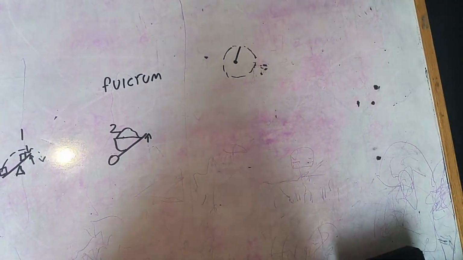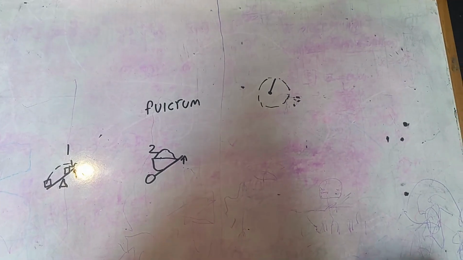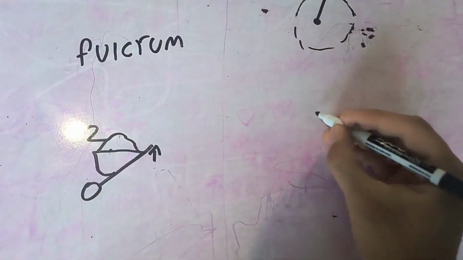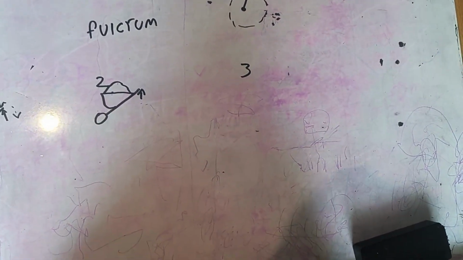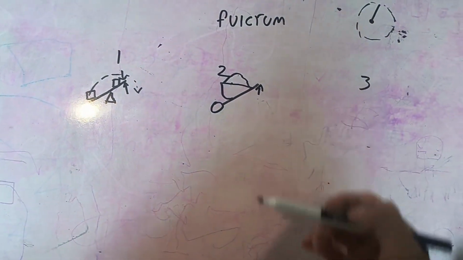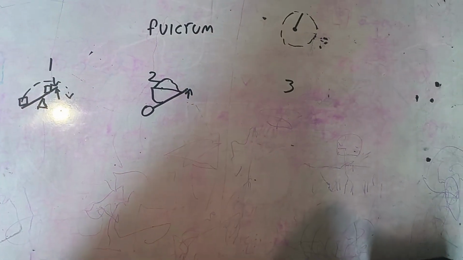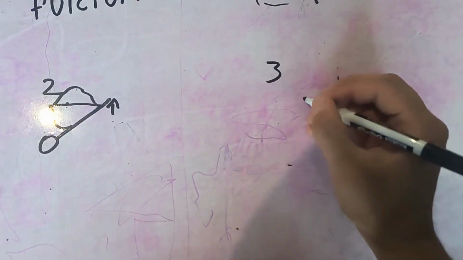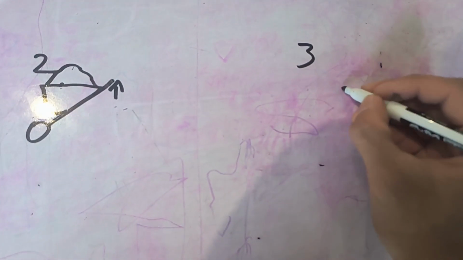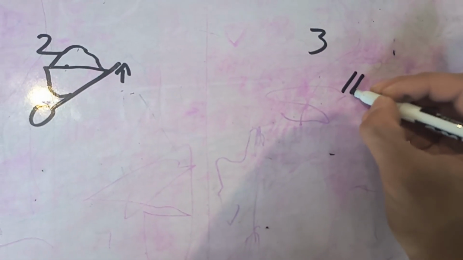And then an example of a third class lever. A third class lever is a lever where the effort is between the pivot point and the load. An example of this is a shovel.